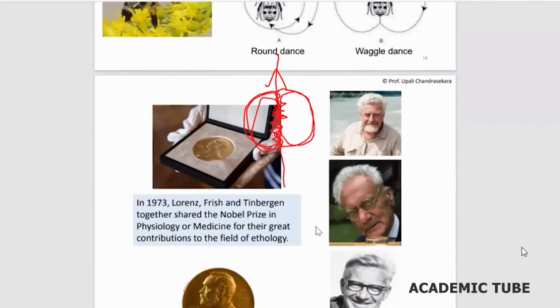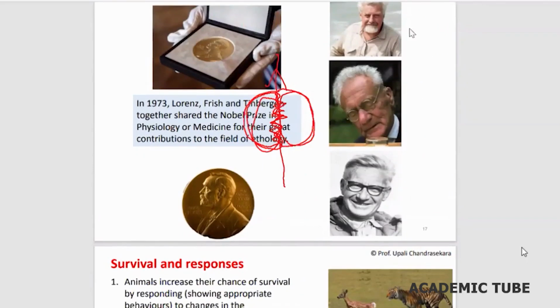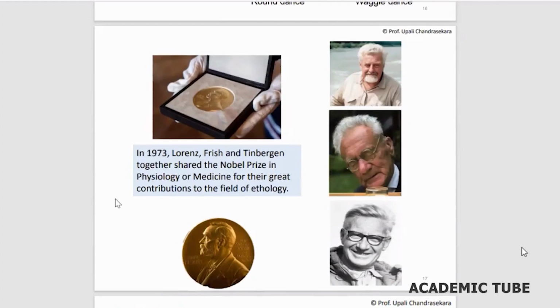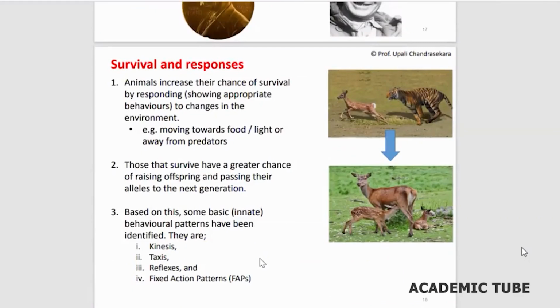So in 1973, Lorenz, Frisch, and Tinbergen together shared one of the most prestigious prizes in science, the Nobel Prize. And that is about the brief history.